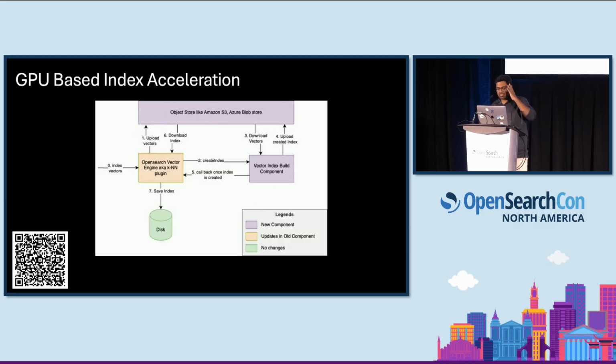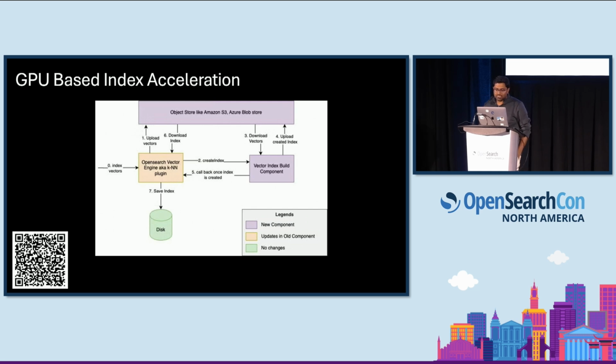So the way OpenSearch does it is, in 3.0, OpenSearch released a Docker image that is shipped with FAISS, with the cuVS library that has the CAGRA algorithm. And you can build a GPU fleet with this Docker image. And on the data nodes, OpenSearch lets you connect to this fleet. So during the segment creation or during the index creation, OpenSearch would push these vectors into a remote store and then let the vector index build component know that you have a job to take these vectors and build the graph faster.